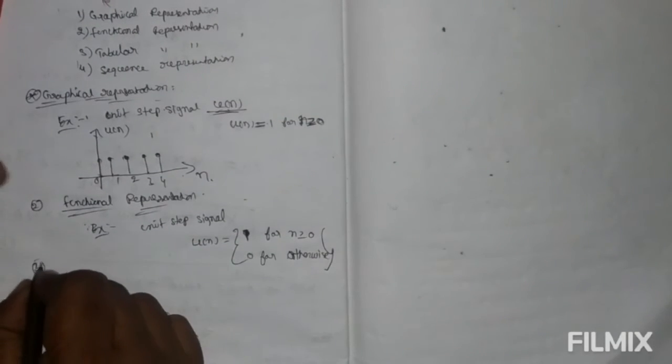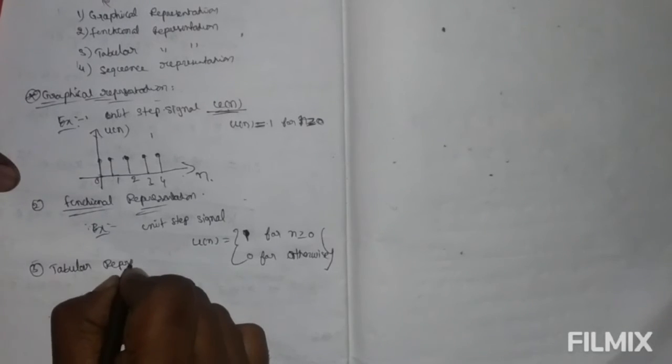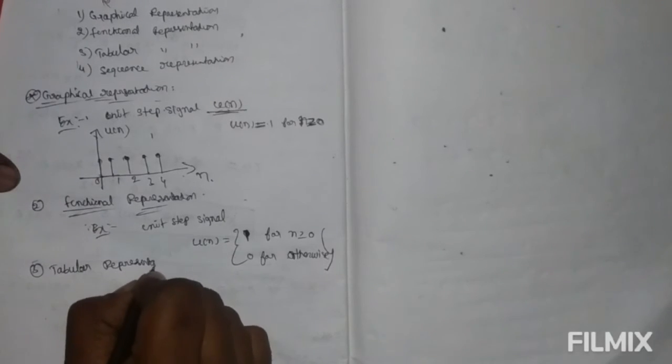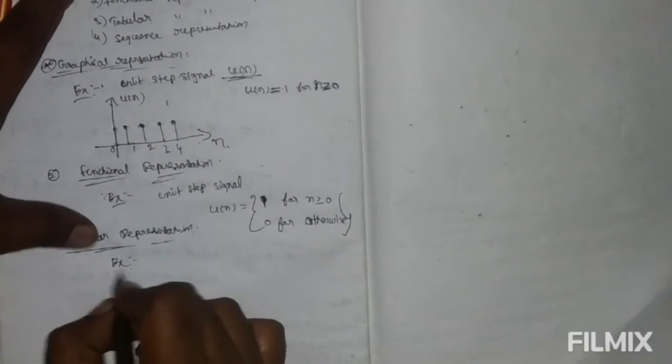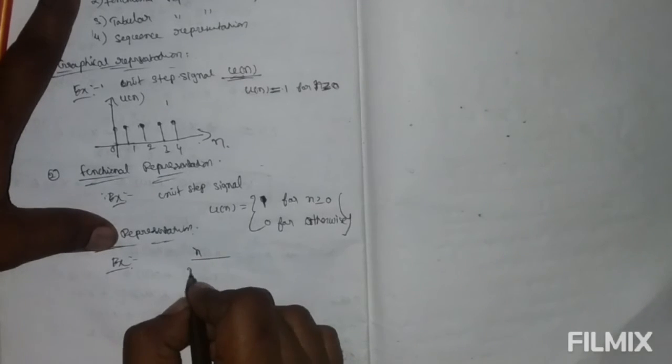Coming to the tabular representation. Example: n value and x of n value.